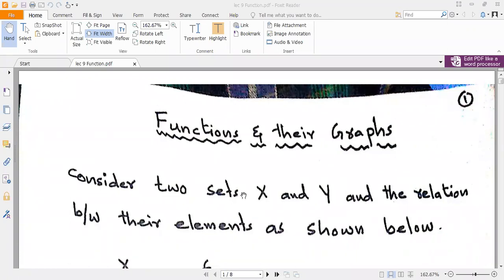You also know the definition of set. A set is a well-defined collection of distinct objects. This is a simple definition of set.